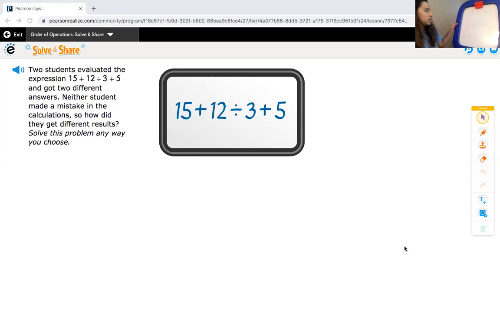So I'm going to use my board here to review the order of operations. So PEMDAS, if you use that one, P-E-M-D-A-S, and each letter stands for one of the operations.